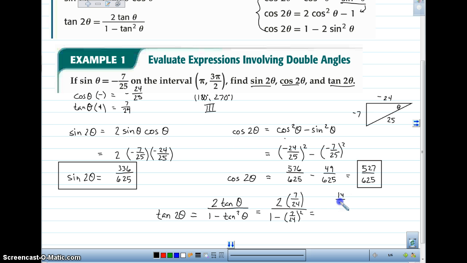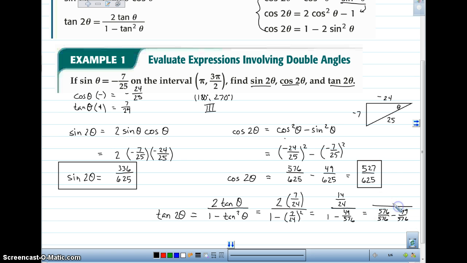So we get 14/24 divided by 1 minus, see, that's 49 over 576. So we have to do a little bit of common denominatoring there. 576 over 576 minus 49 over 576.